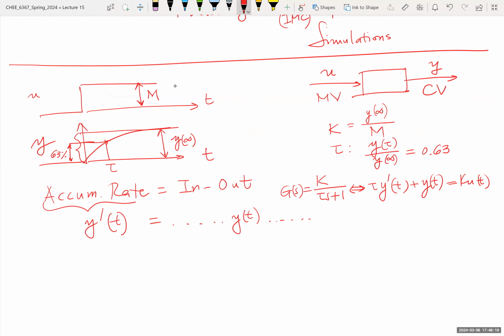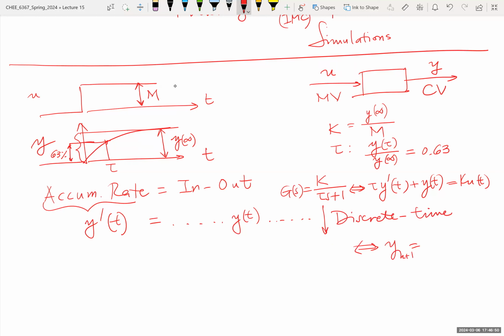Now, when I have such a system, we know how we can go to a discrete time counterpart that says y(k+1) is a y(k) plus b u(k). This is first order.